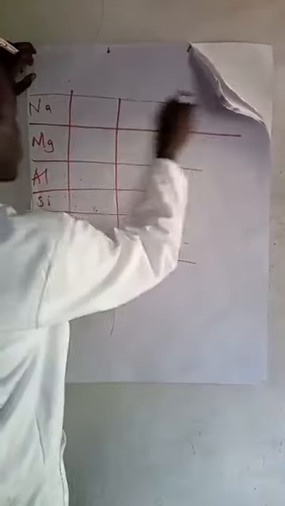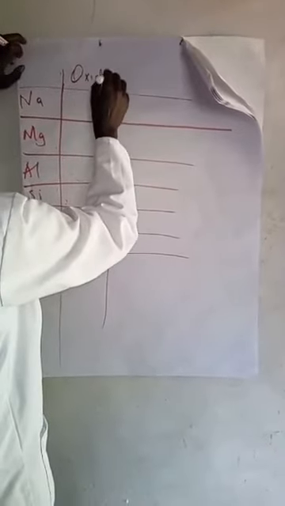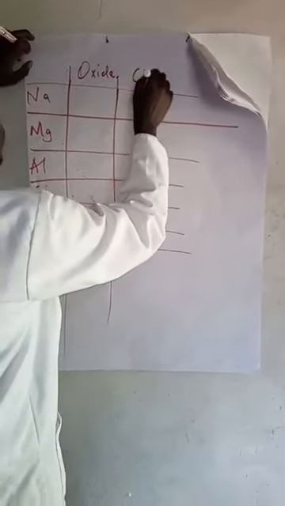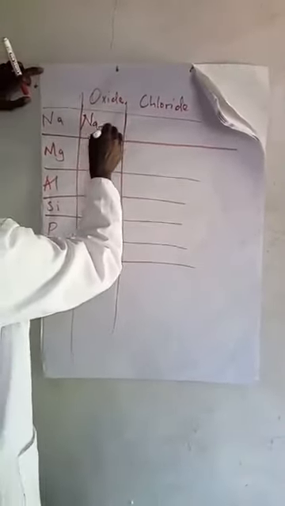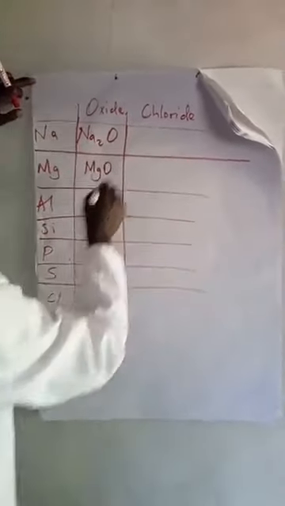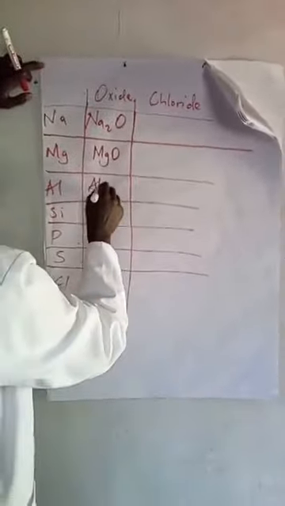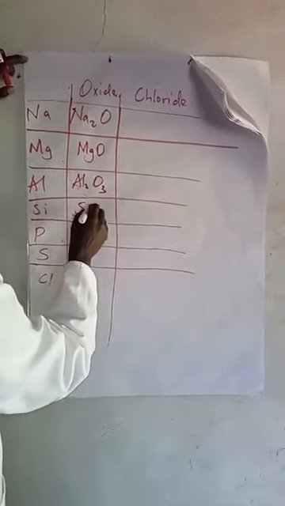And then on this part, we have the oxide and the chloride. So sodium oxide is Na2O, magnesium oxide is MgO, aluminium oxide is Al2O3, silicon 4 oxide, this is what we did.